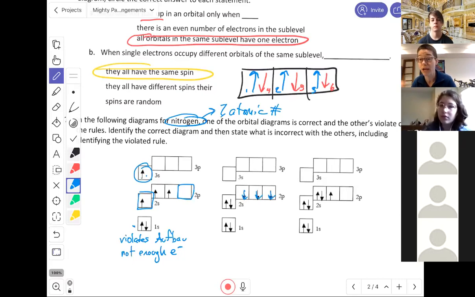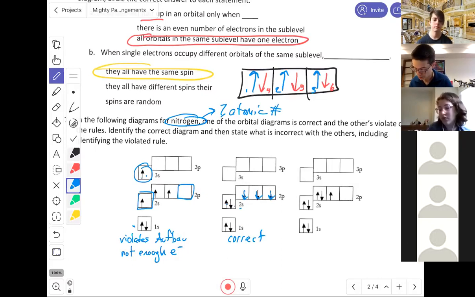They either have to be all down or all up. That bothers me because I would write them up, but this is technically correct. I have filled in every box as I have moved up my energy levels, and then once I have gone into these open spaces, I have followed the empty bus seat rule, putting 1 electron in a box, and they're all facing the correct way. So that one is correct.